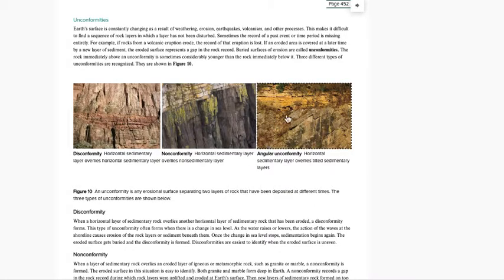Angular unconformity is when there are rocks that are sticking up at a sideways angle, and they were pushed like that by plate tectonics, mountain formation. Something caused them to get pushed up at a weird angle, and then other sedimentary rock gets laid down around it.